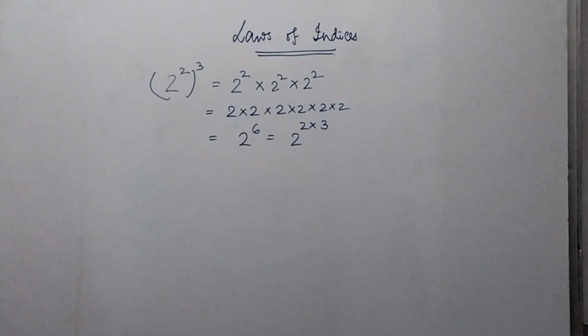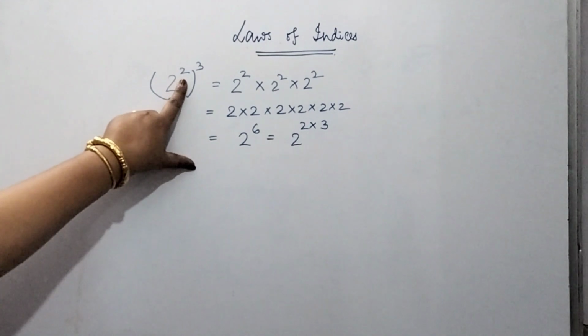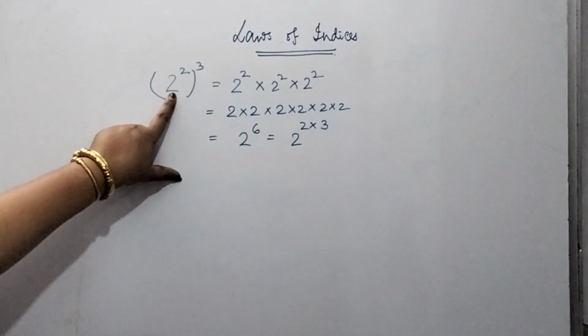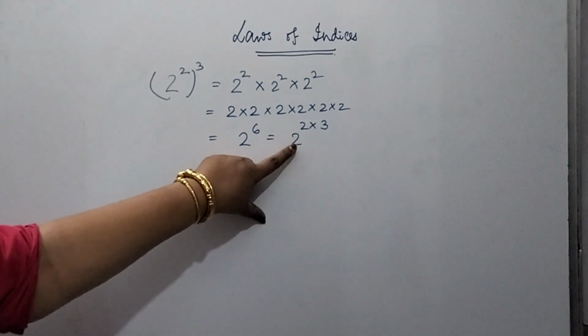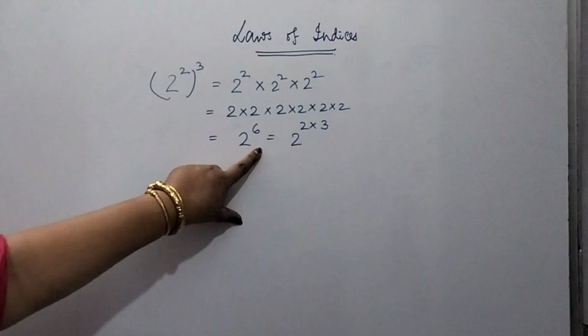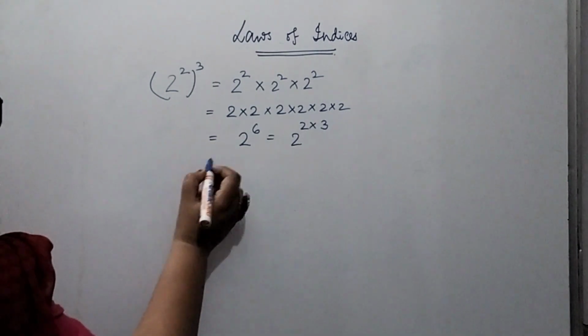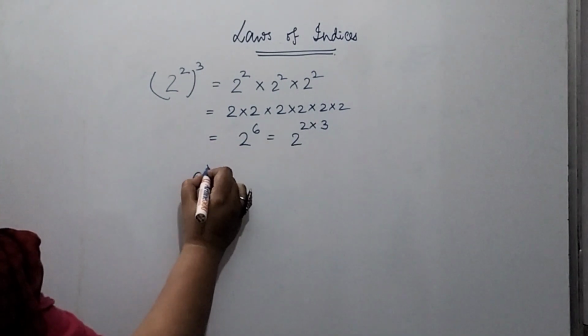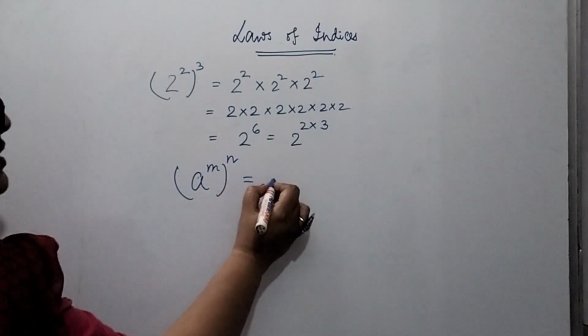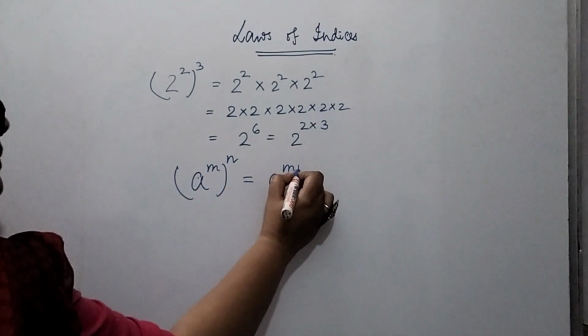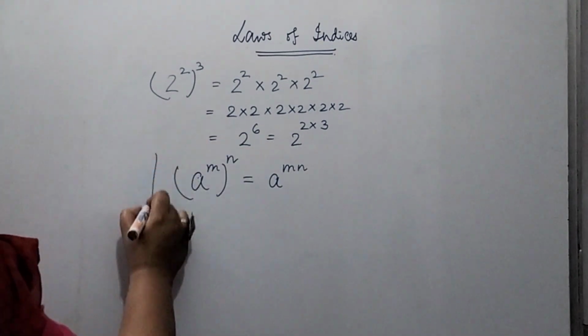So this is the law: whatever be the base, it may be a number, it may be a variable, the powers will be multiplied to get the result. So in the general form, we can write this law as a to the power m whole to the power n equals a to the power m into n.